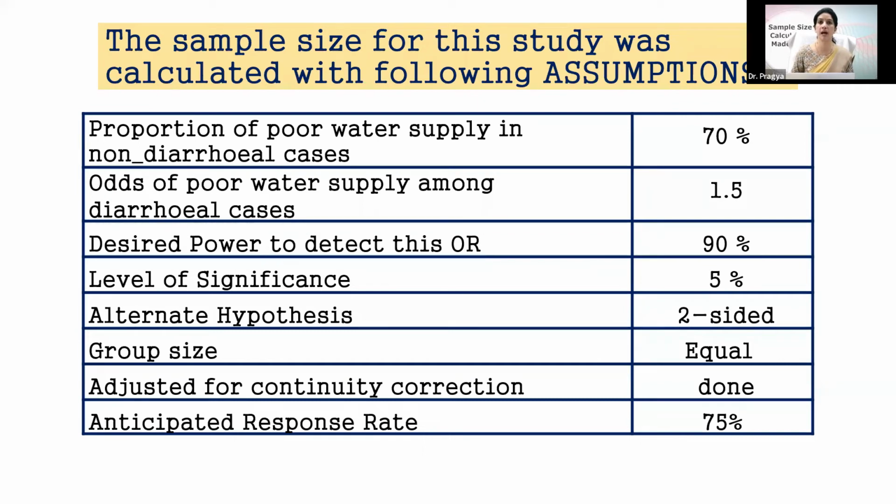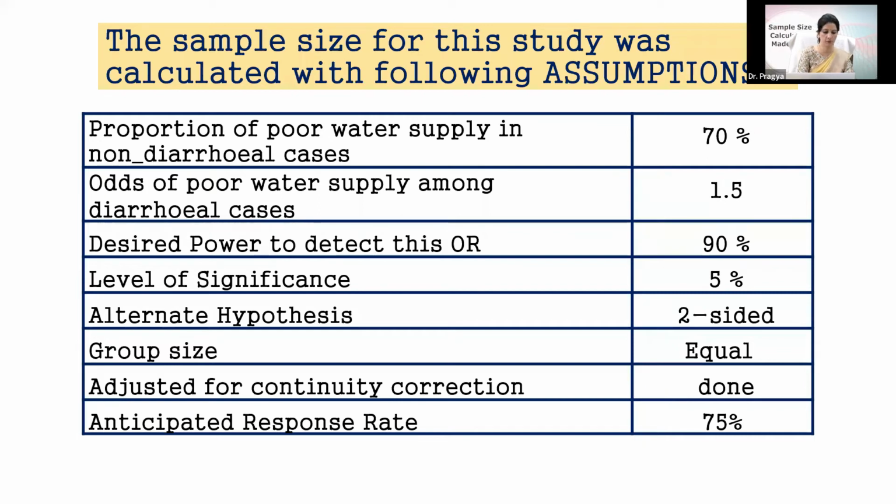So remember, power is more, 90%, and response rate is also 75%. So you have to do these two adjustments also, the increase in power and the reduction in response rate, into account. So all of you, please do it, and then I will do it.